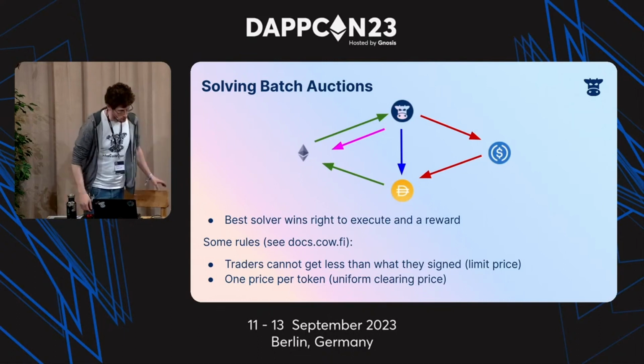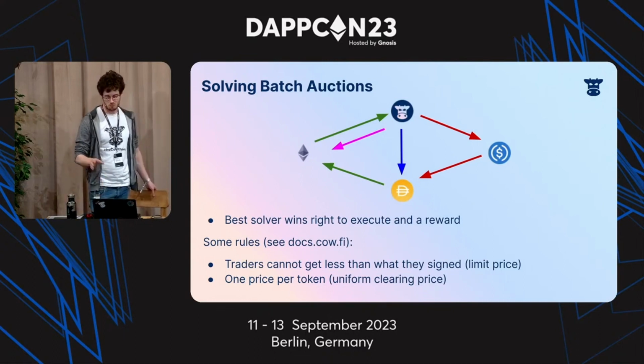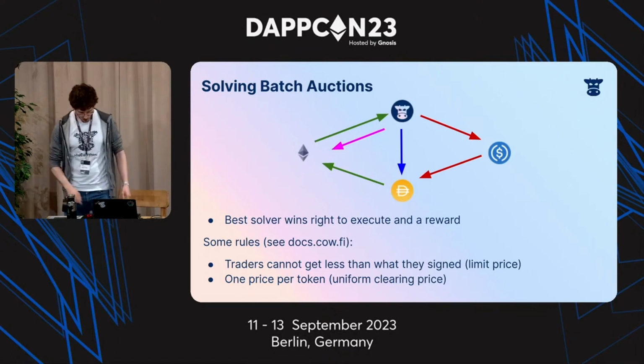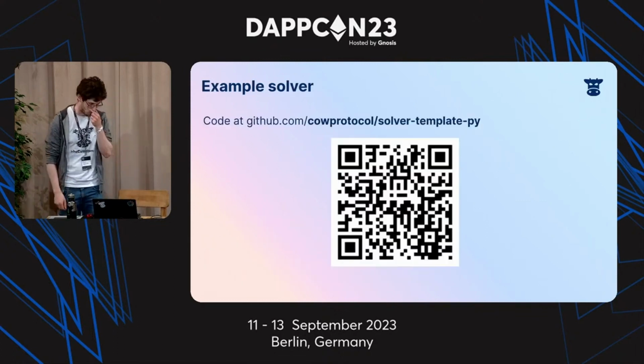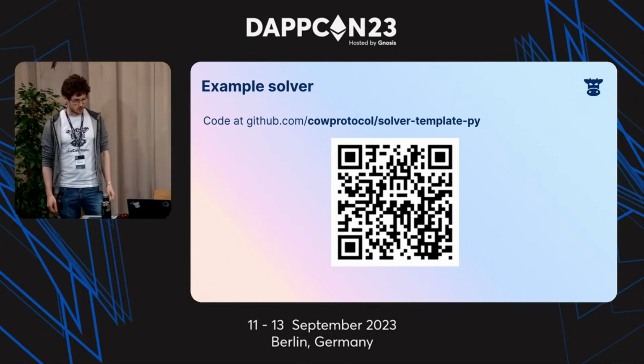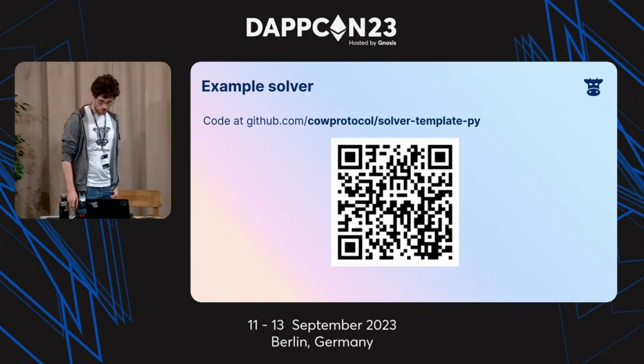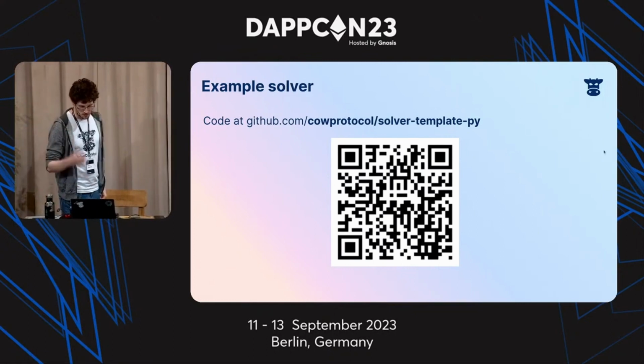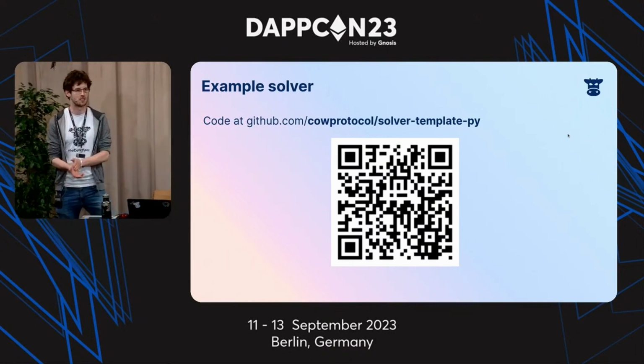And now I want to go do some live coding of implementing a really simple solver. And if you want, you can also follow along. There's a GitHub repo for those interested, where you can scan the QR, or it's Cow Protocol /solver-template-pi.